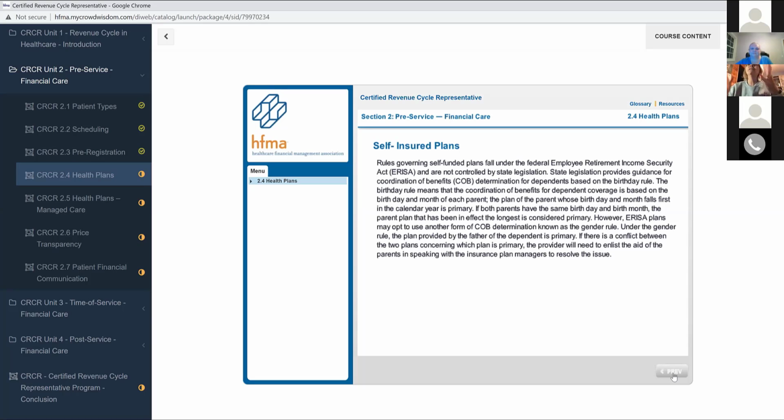For example, my birthday's in December, my husband's birthday's in September. So if our kids were covered by both of our plans, his would be primary because 9 is before 12. It's the month of the insured's birth date. It doesn't get into the year or anything. It's just the month, and that's who's primary if somebody's covered by both plans.